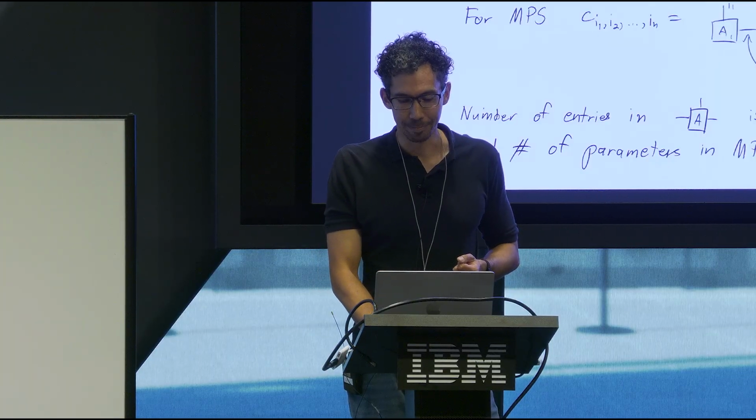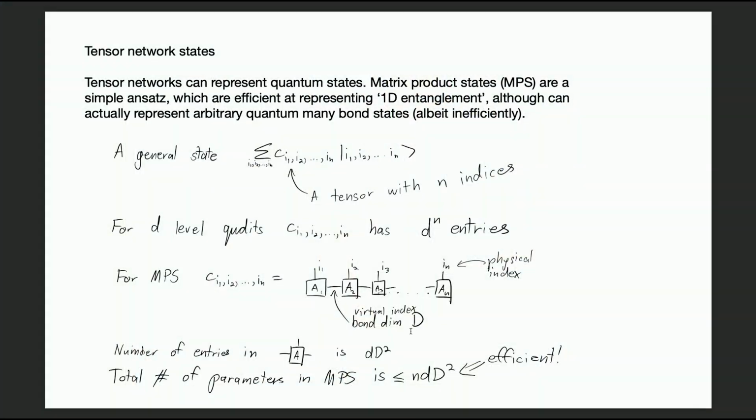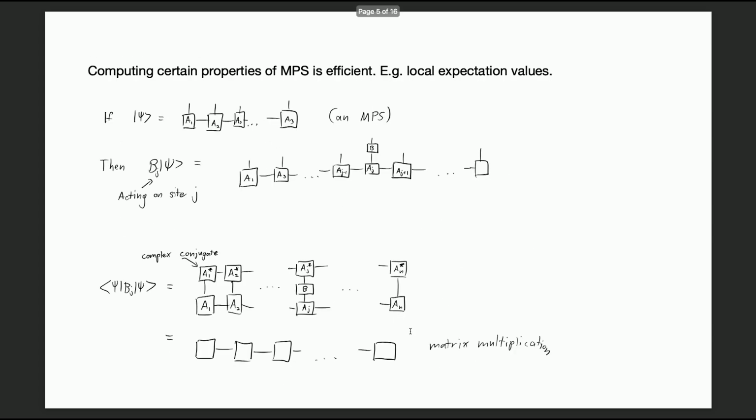We'll see a bit later that the types of states you can represent are states with a small amount of entanglement. Bounded entanglement is the constraint that these types of states have.